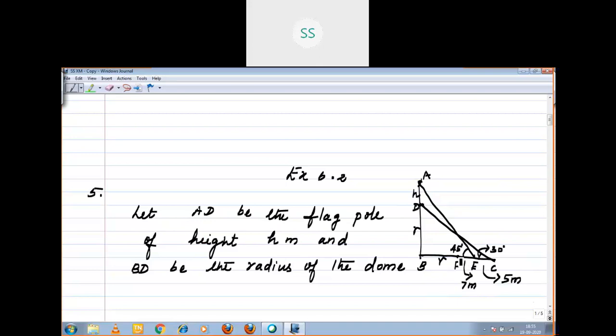From the end point, you should move away 7 meter, that point is E. In right triangle ABE, angle B equal to 90 degree.